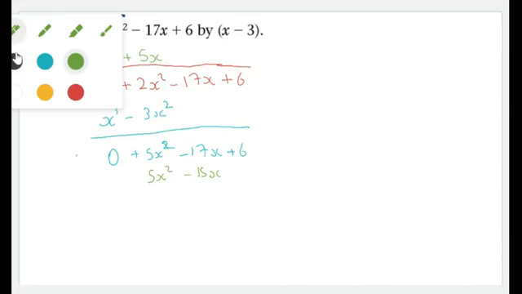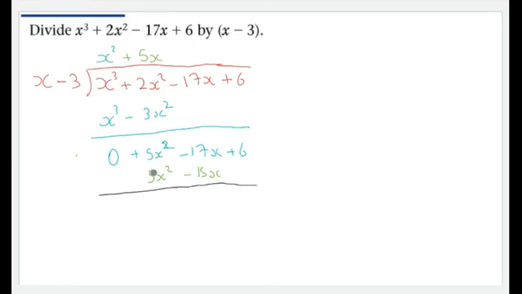And then again, we subtract to work out what the remainder is. So 5x squared take away 5x squared is nothing. Minus 17x take away minus 15x is minus 2x. And then you've got the plus 6 take away nothing, which is still plus 6.